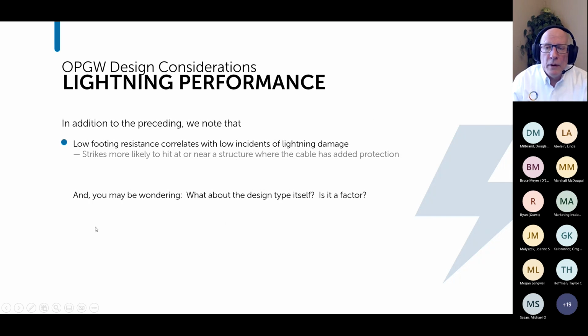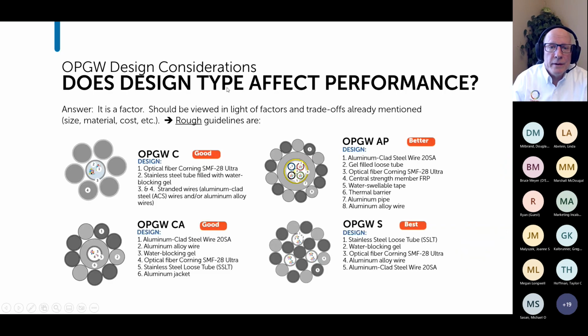Now, you're probably wondering, well, what about the design type itself? Is that a factor? And the answer there is, well, yeah, it is. You need to view this in light of the other factors, the trade-offs and things like that we discussed. But nevertheless, there are some rough guidelines I can share: those center tube designs do well. I mean, they're in use commonly today.